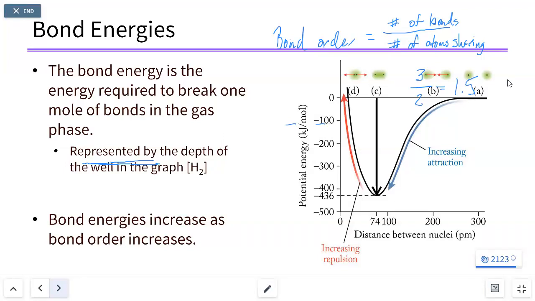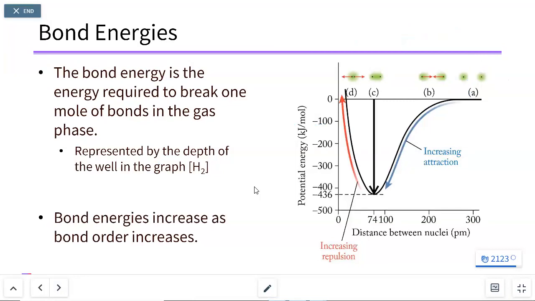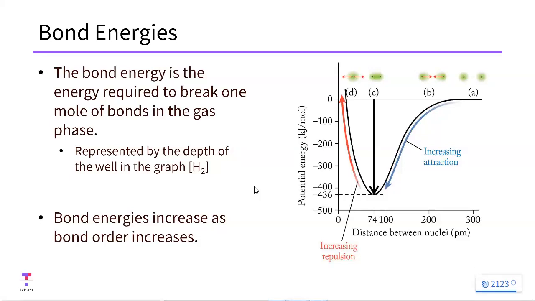For bond energies, again, going back to what we were talking about last Friday with bond enthalpies. Bond energy is the amount of energy it takes to break 1 mole of these bonds. The bond length and energy are both determined the same way.